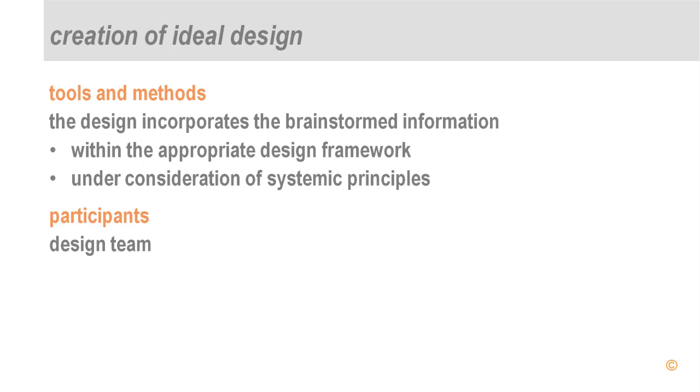So while the design is guided by a clear framework and there are clear principles, the way these are applied to the brainstormed information is really a creative act. So the design team needs to be creative.